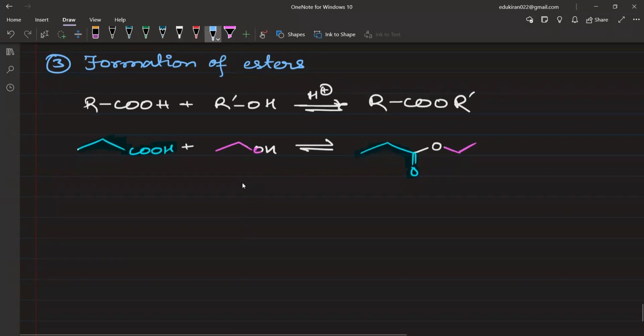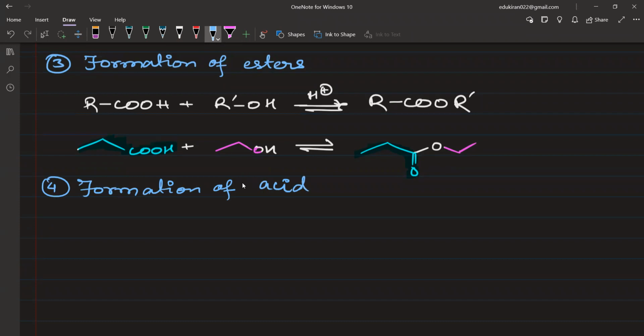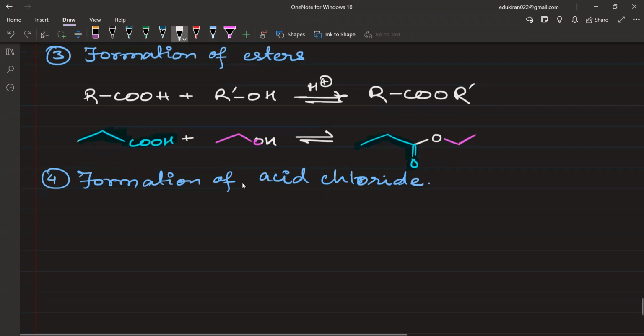Like the fourth reaction, formation of acid chloride or acyl chloride. This reaction is very similar to the reaction of formation of haloalkane.